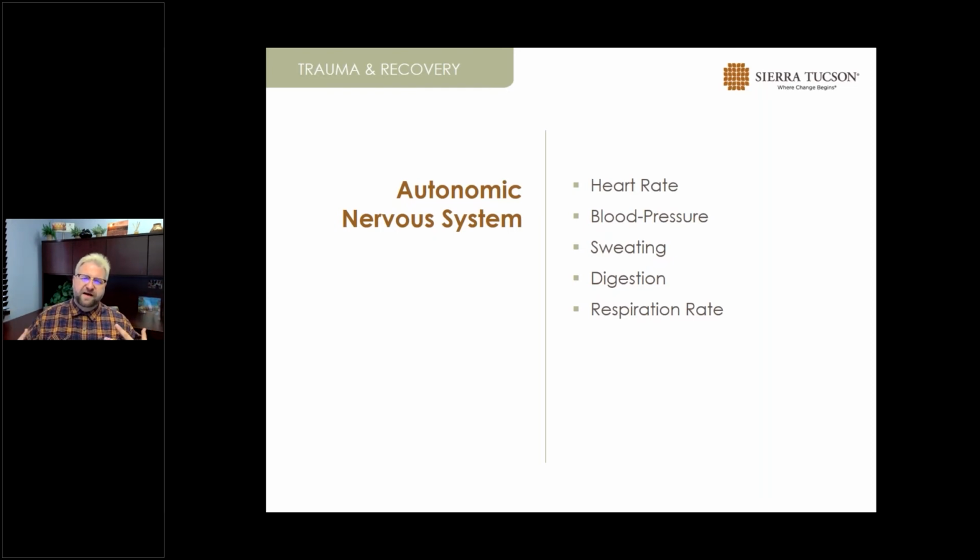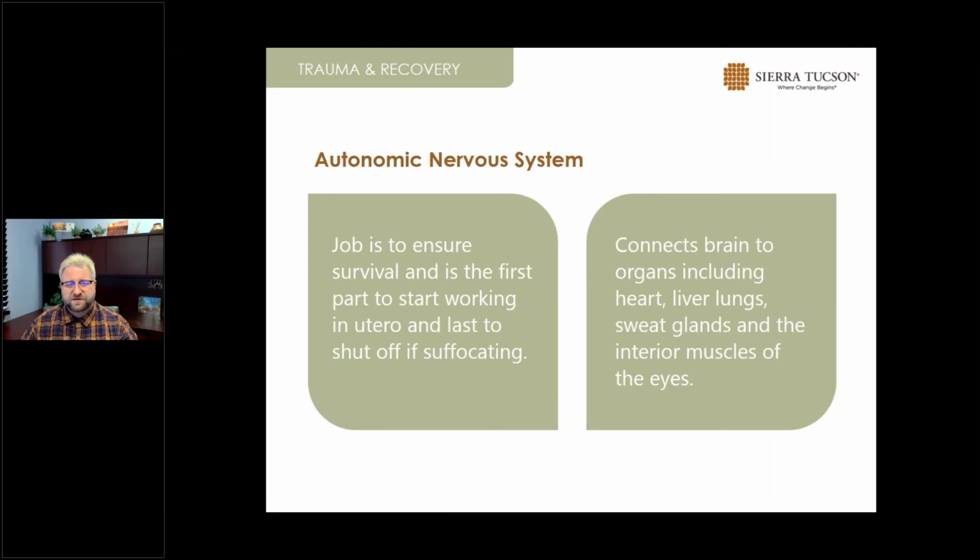If I'm having a fight or flight response, my heart rate's going to go up, my blood pressure will increase, I'm going to sweat, there's probably going to be a cessation of digestion, because the nervous system gets so activated, and then an increase in respiration. If I'm relaxing, on the other hand, those things go down instead of increasing. The job of the nervous system is to ensure our survival.